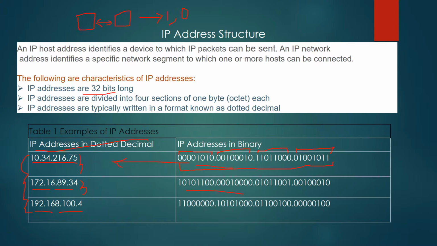When you are referring to a device, suppose I am referring to this device, 10.34.216.75, how is another device going to understand? They are going to understand 0 0 0 0 1 0 1 0. Like that it is going to understand that I have to go to this device.